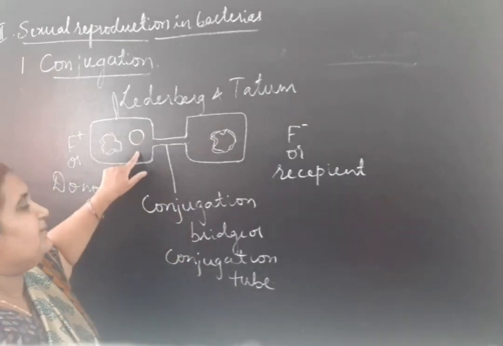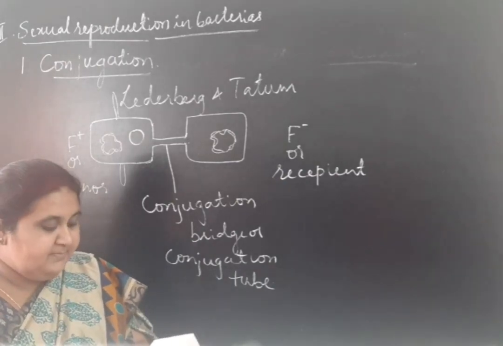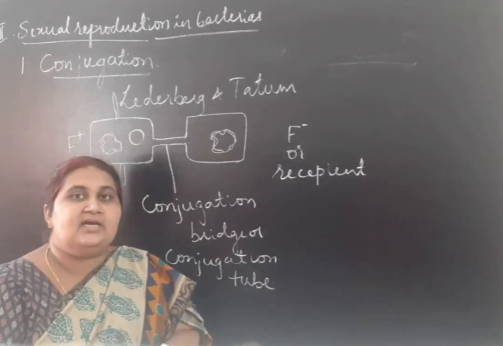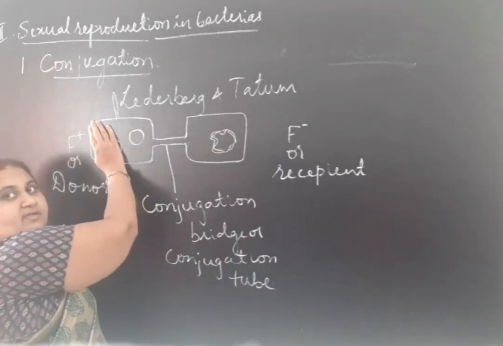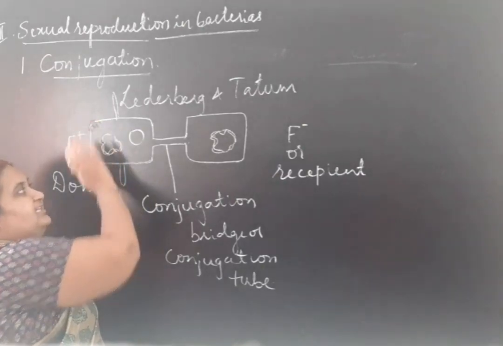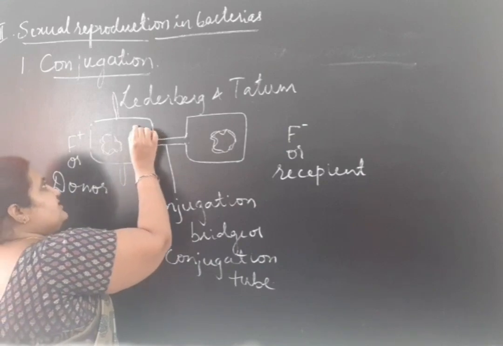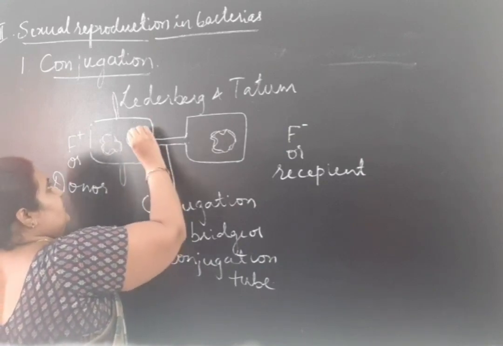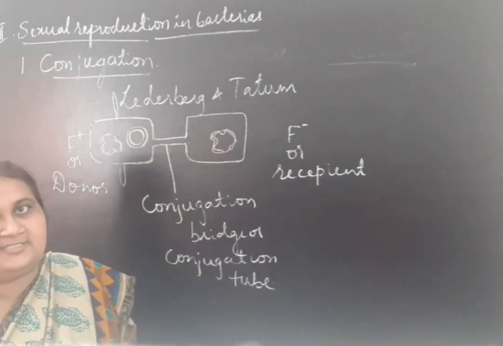Listen here, the plasmid which has a gene for fertility, what is the important characteristic feature of the plasmid? It has a capacity to replicate on its own without depending on the genetic material. Okay, what is replication? It produces another copy of its own. So, another copy is produced like this.